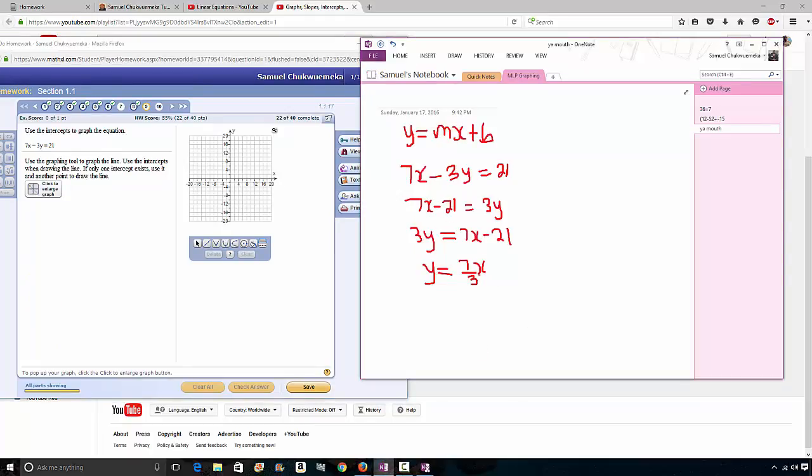Y will be 7x over 3 minus 21 over 3. Okay. And y will be 7x over 3. Please, this x belongs to the 7. Some of you are scared of writing x. You want to write x by the side of the fraction bar.